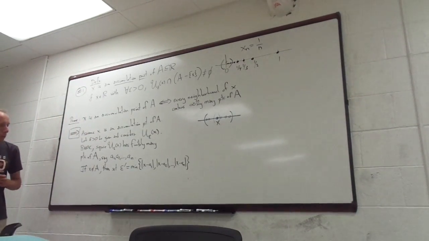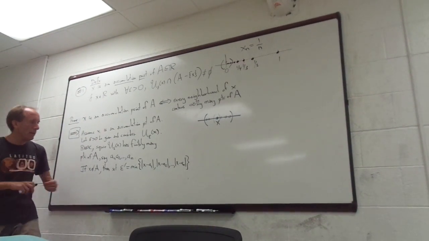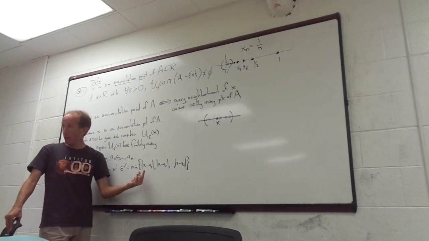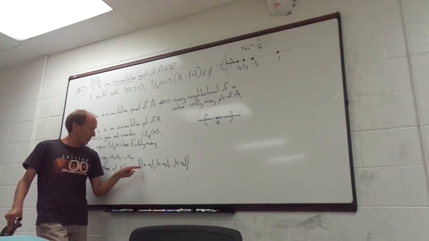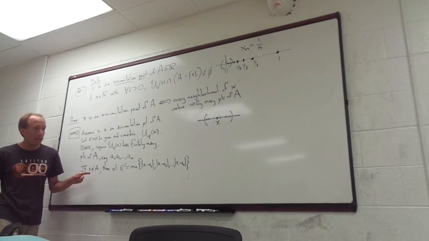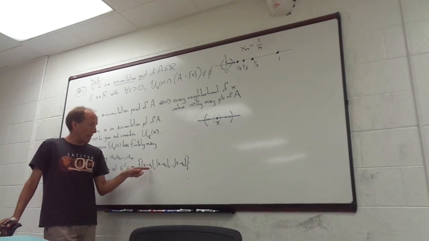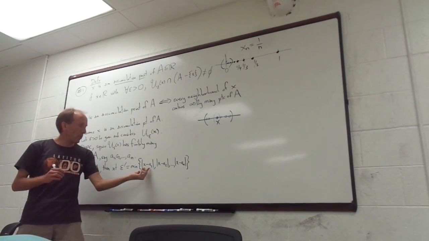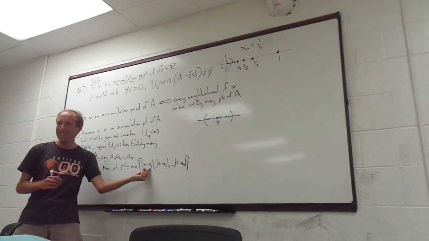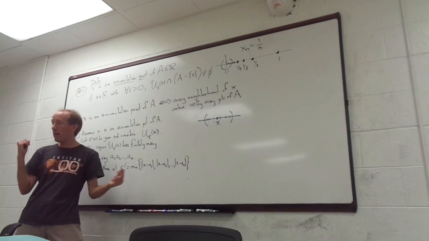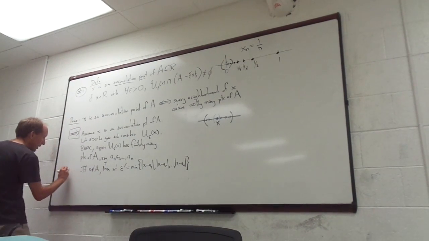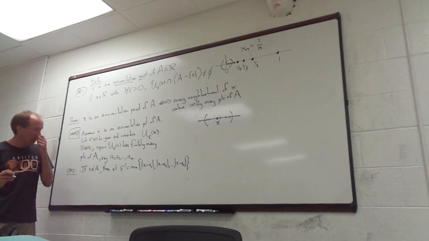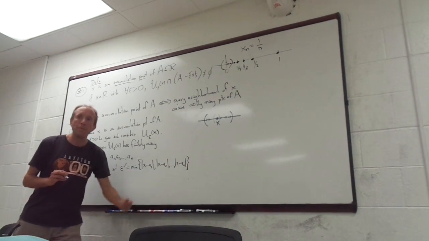None of these differences is 0 because x is not in A, and all of the A1, A2, and so on are in A. I'm making a case here: if x is not in A, then we just do this.